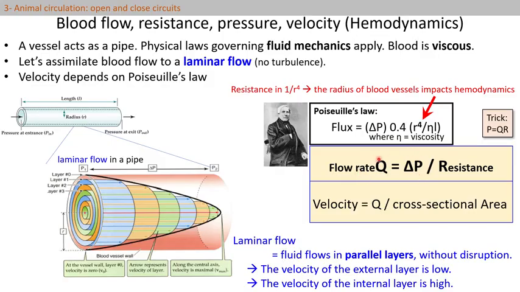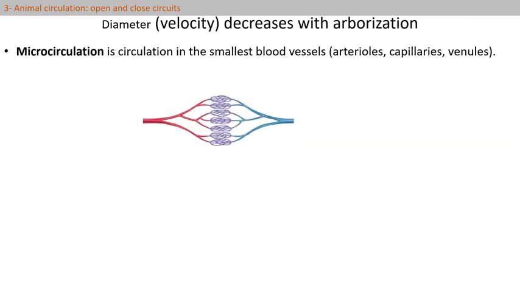All right. So what does that mean concretely? You understand P, Q, R, you understand velocity. What does that mean? Well, let's have a look at circulation. We said here, for instance, you would have arteries, you have this arborization. Here you have many capillaries, and then you have veins. As an example, if we depict here the systemic circulation.